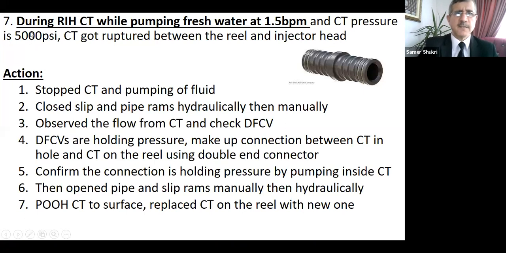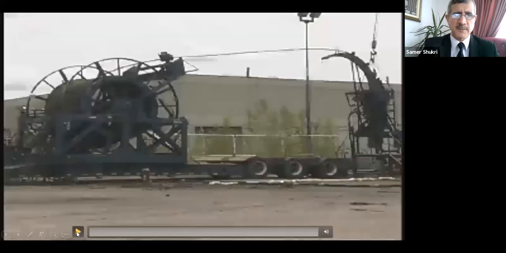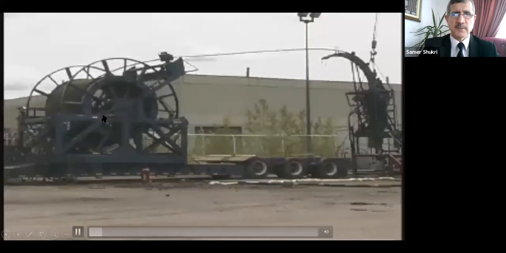Here, the last case, we will finish our introductory session. While running coiled tubing, pumping at 1.5 barrels per minute, the coiled tubing ruptures. What will happen? It is similar to this one, you see.